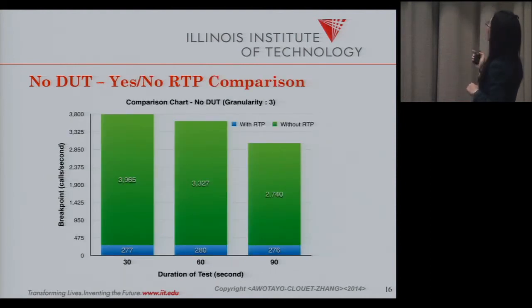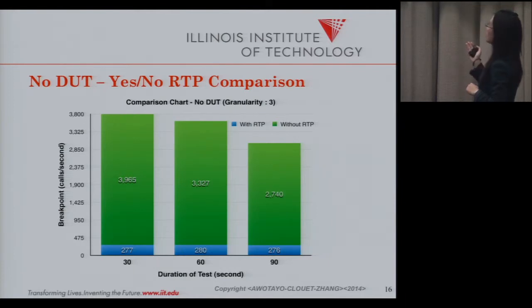So here is the comparison chart to compare the two scenarios, node with RTP and node without RTP. The green is the breakpoint for the node without RTP, and the blue is for the node with RTP.